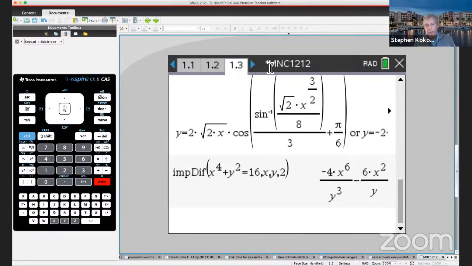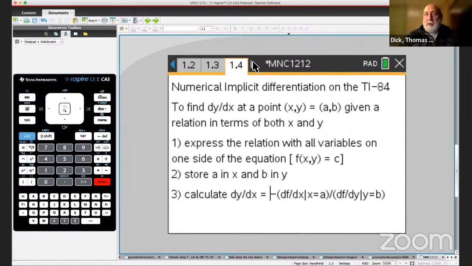Okay. Now, I'm still on the Inspire here, but what I'm going to do is just run through the basic steps you need to do on the 84. So if you've got an expression in terms of x and y, one of these relations, and you want to find the value of the derivative at a specific point, x, y, so let's say, and so this a and b are the specific coordinates of that point.